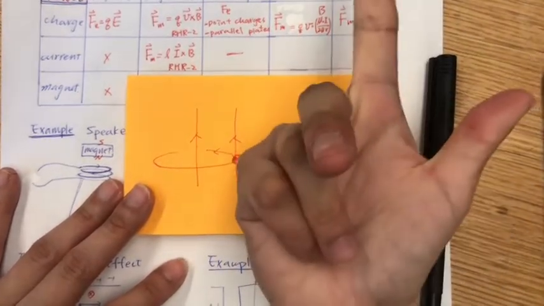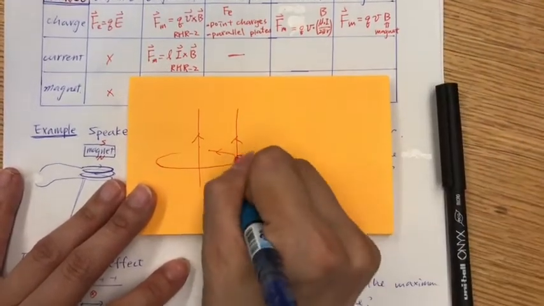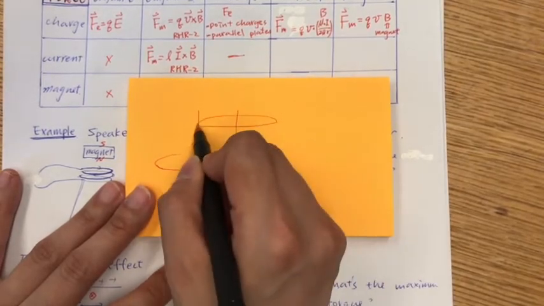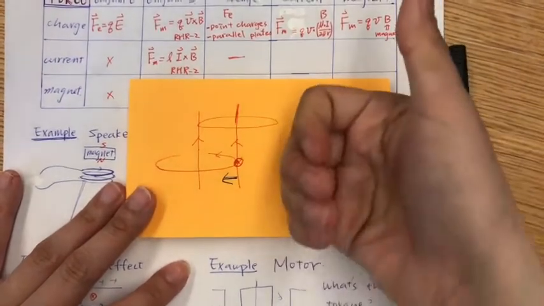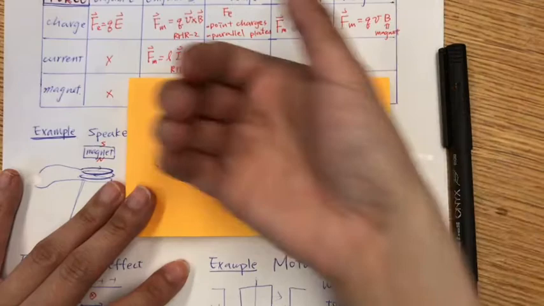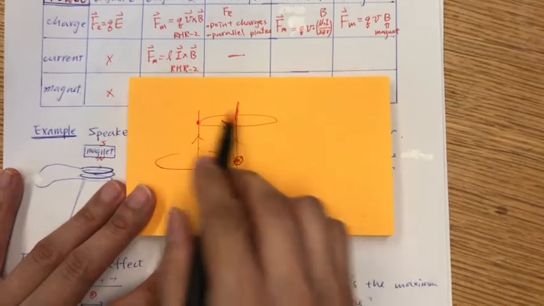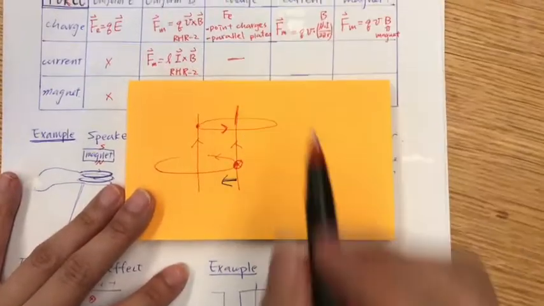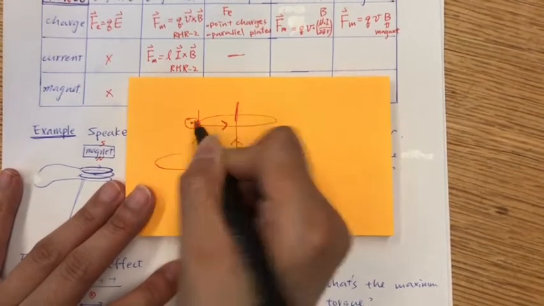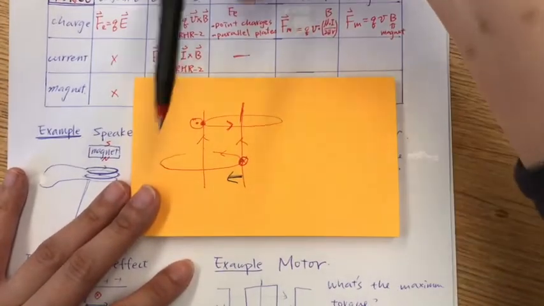So the force would be this way. And similarly, the straight wire will create a magnetic field. If we use right-hand rule 1, you can see it creates a magnetic field in this direction. Exactly at this point, because it's a loop, the direction keeps changing, but at this point the direction will be pointing out of the page.